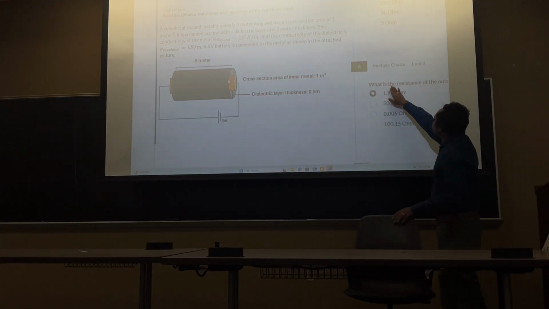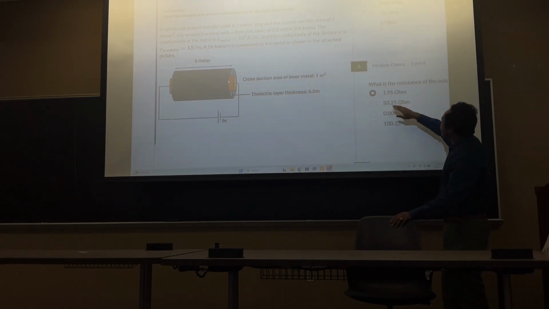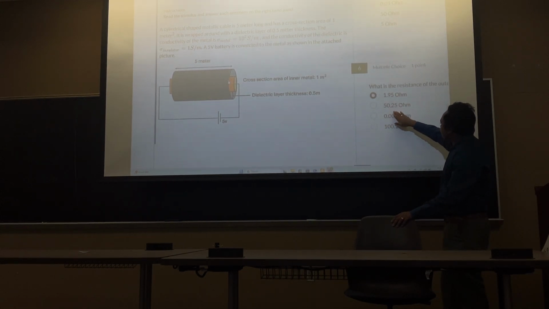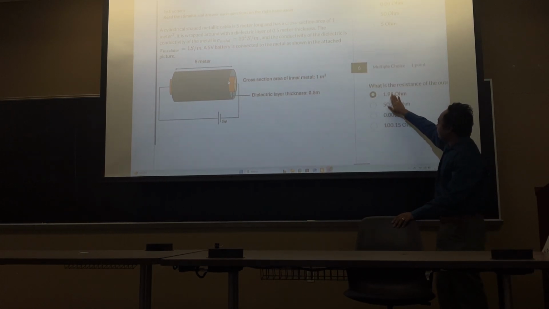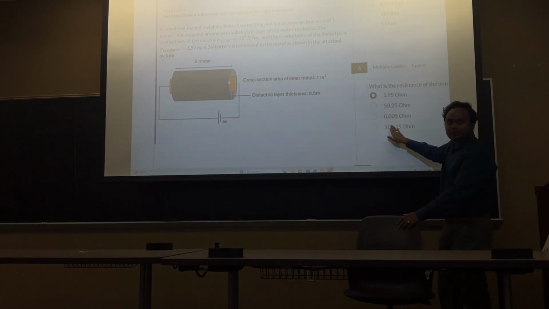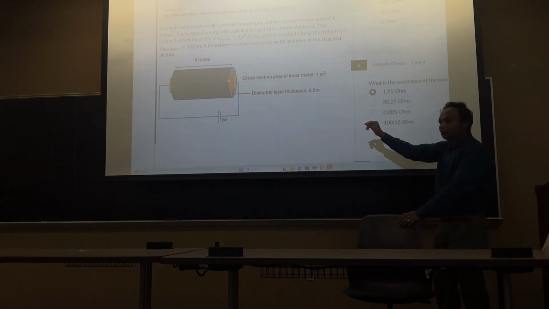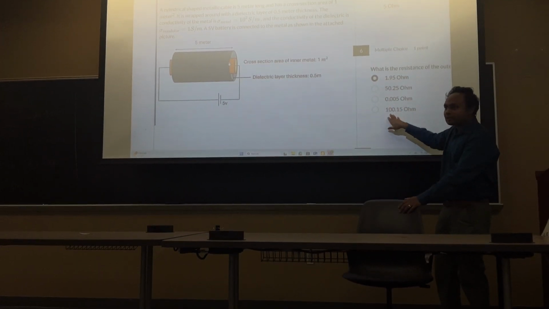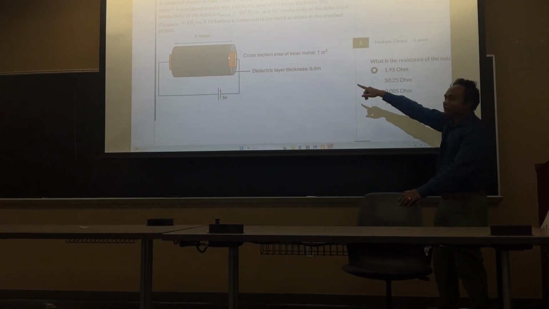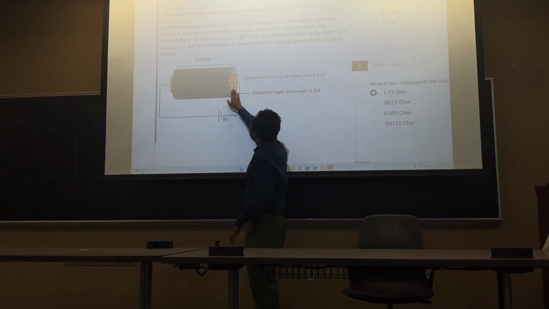For instance, the multiple choice says: what is the resistance of the outer surface? 1.9, 50, 0.005 and 100. Do you see that they are widely separated from each other? There is no match even, right? So you don't need to get to the actual decimal point. You can just guess. If your guess is good enough, probably you can get to the right answer even without doing any calculations.